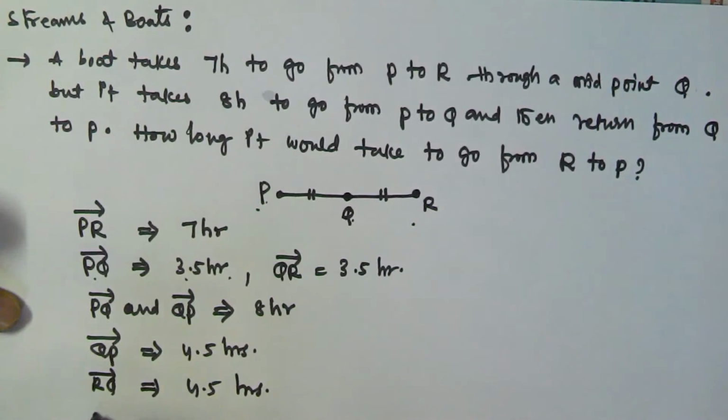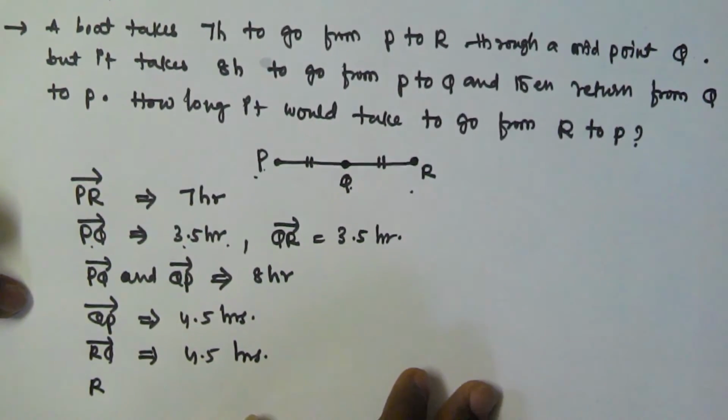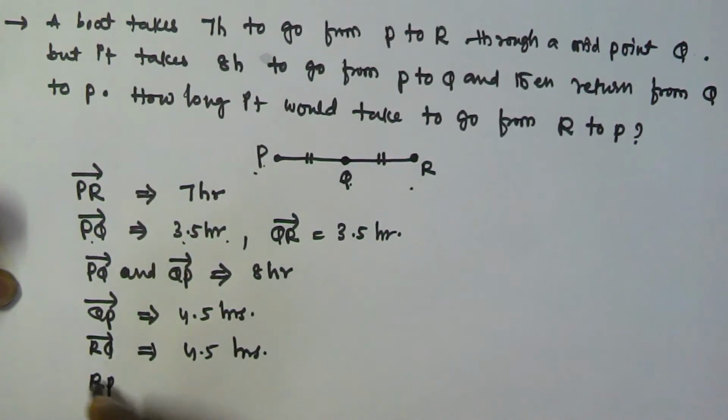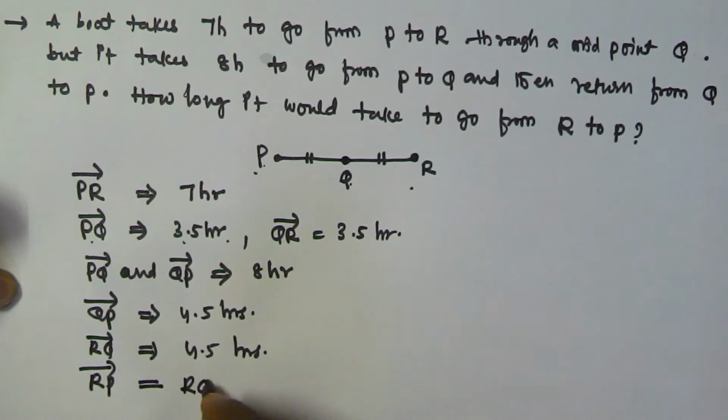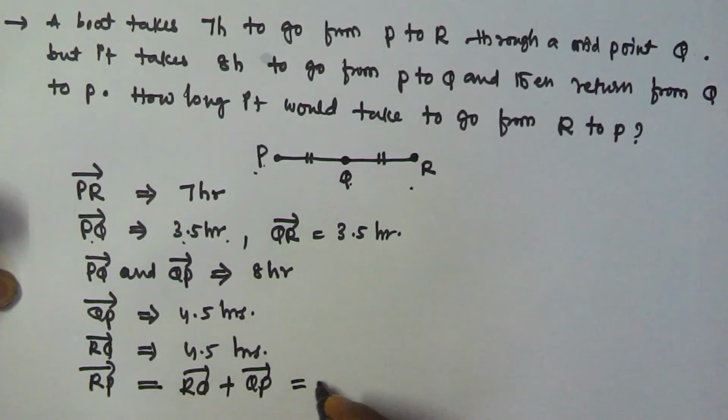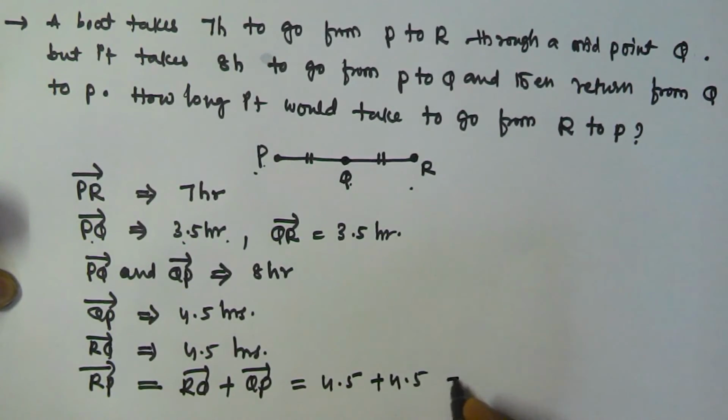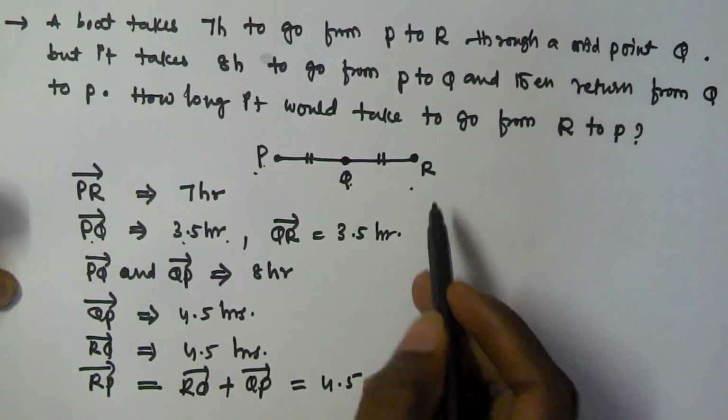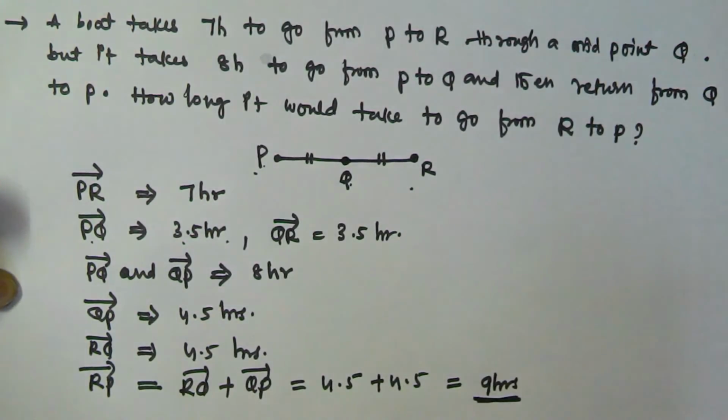So to move from R to P, it will take 9 hours.